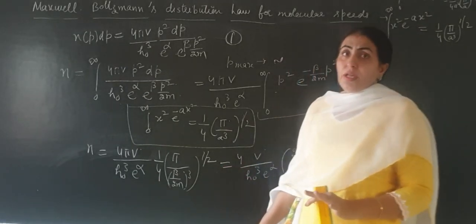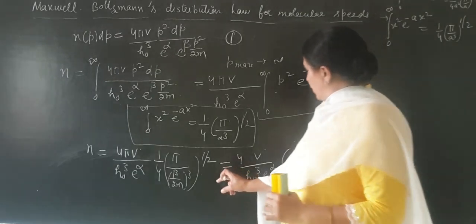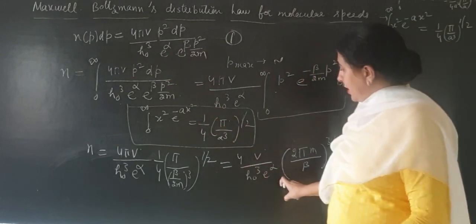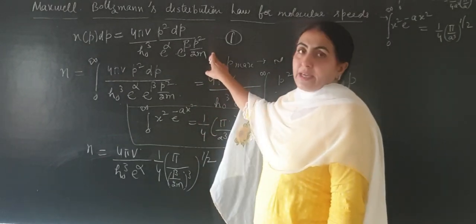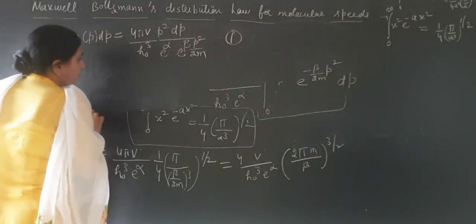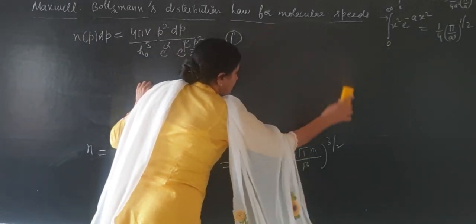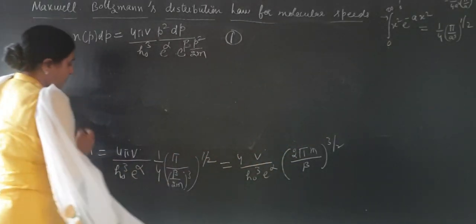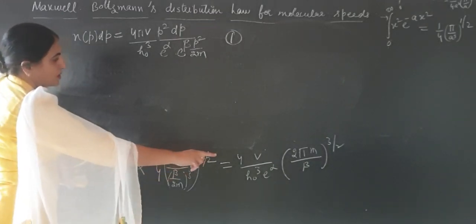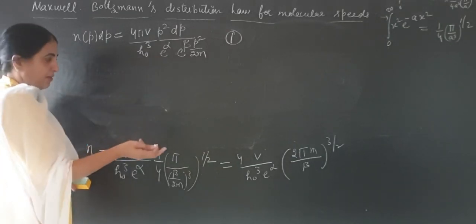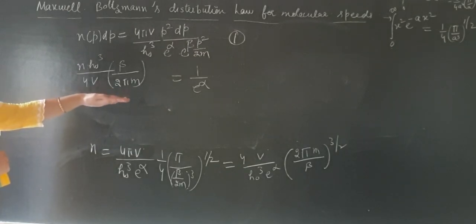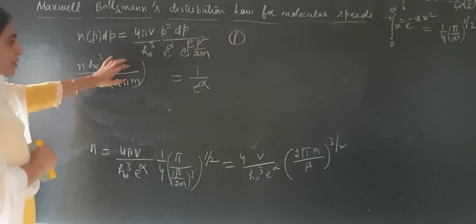So this is N. Now find the value of e raised to power alpha from this equation and put it here. From this equation, 1 over e raised to power alpha is this, raised to power 3 by 2.